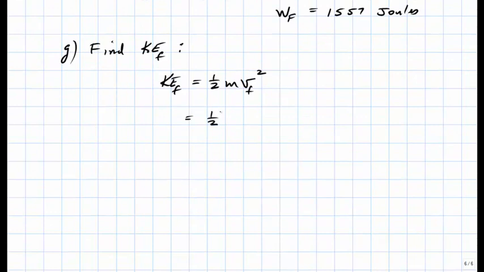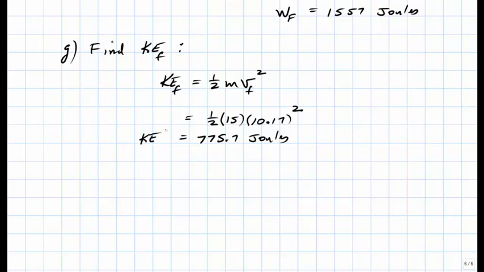The mass of the block was 15 kilograms, and the final velocity was calculated earlier as 10.17. That needs to be squared. And that results in 775.7 joules. And that completes this lecture.